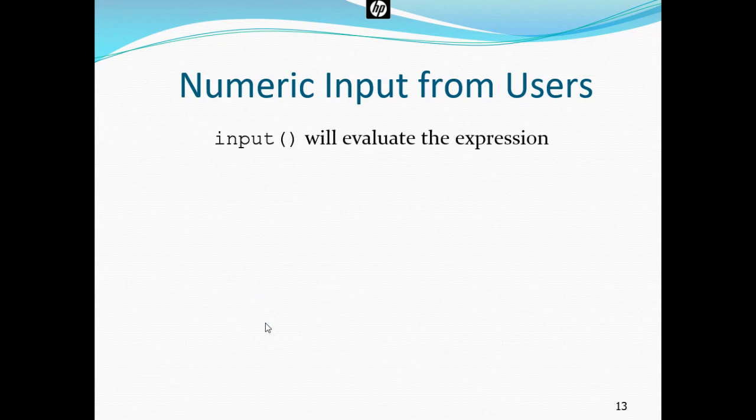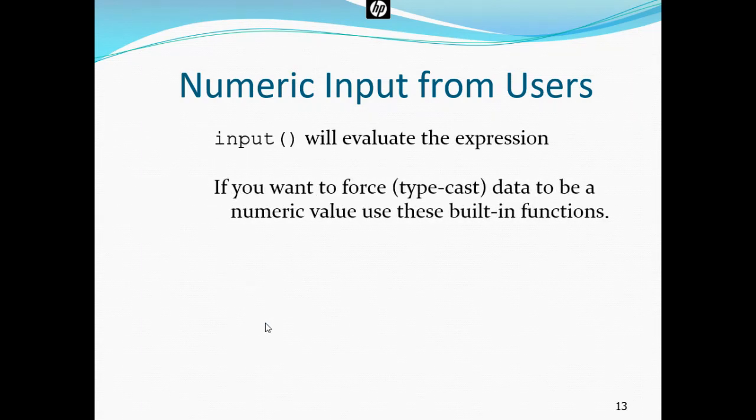So input will evaluate the expression, and you can force the input that is going to be a string. You can force it and convert it into an integer or a float. How you do that is using the int function.